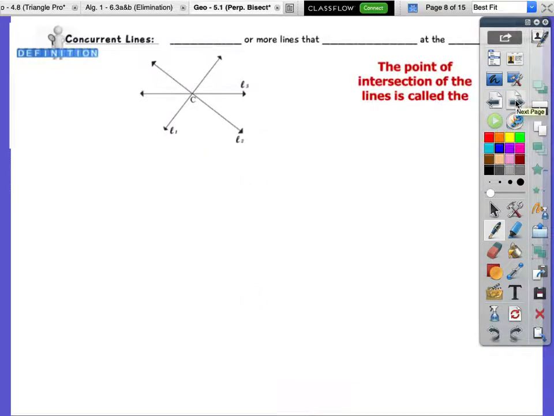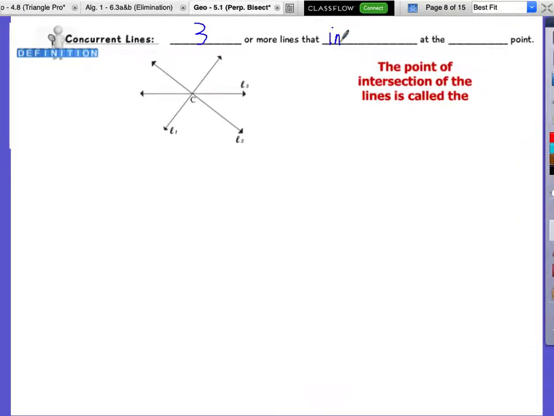Now, we have this thing that we're going to call concurrent lines. Concurrent lines are three or more lines that intersect at the same point. Did we just have that with our drawings of three perpendicular bisectors? Yeah, we did.